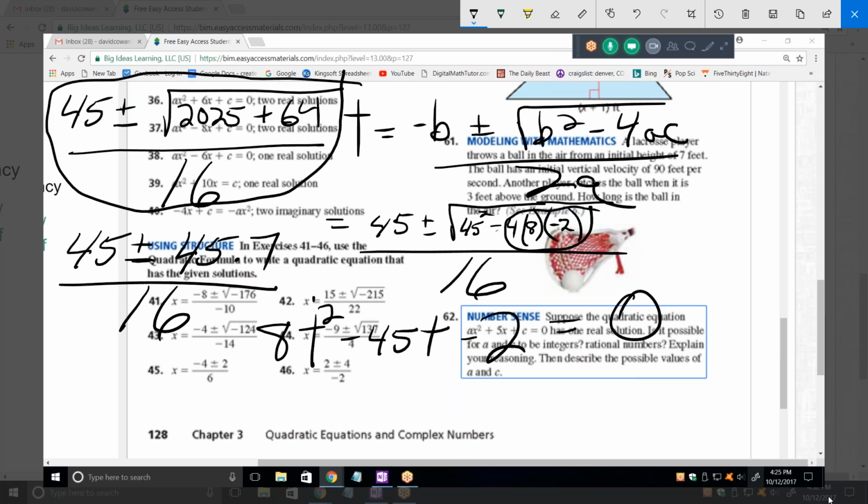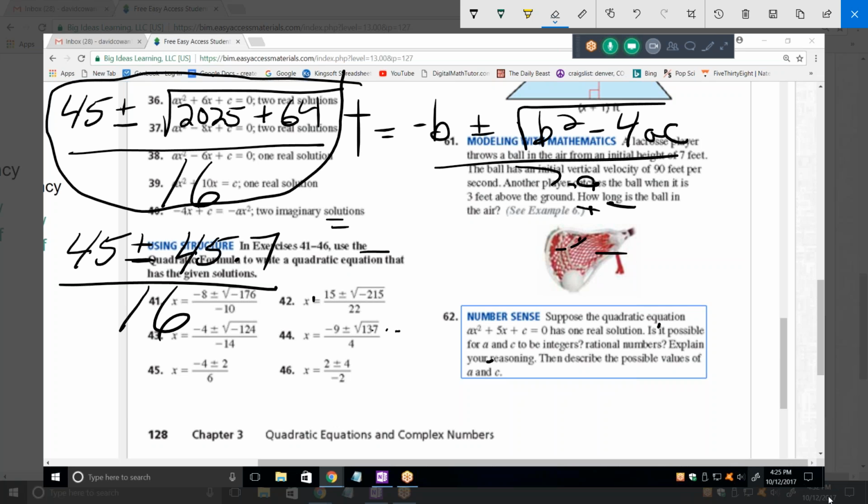Okay. What's our answer to this question? How long is the ball in the air? So 45.7 seconds. Well, notice there's two answers. Which one do we use?